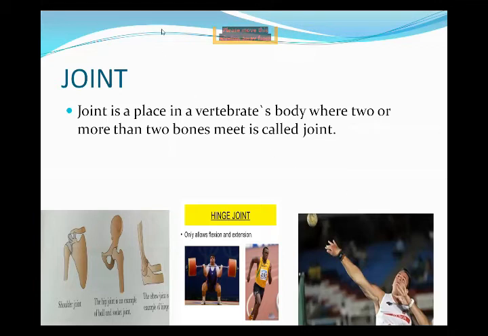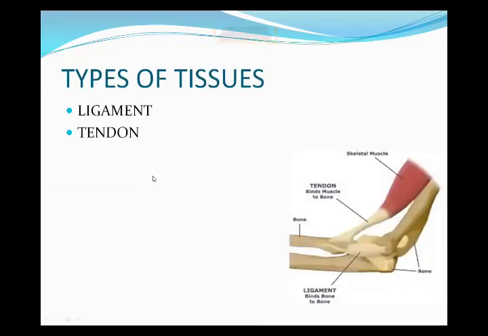Now, there are some joints that move and some joints that cannot move. Just like our jaw bones move and skull joints cannot move. Bones and the skeleton are joined by the help of different types of tissues. There are two very important tissues, the ligament and the tendon.